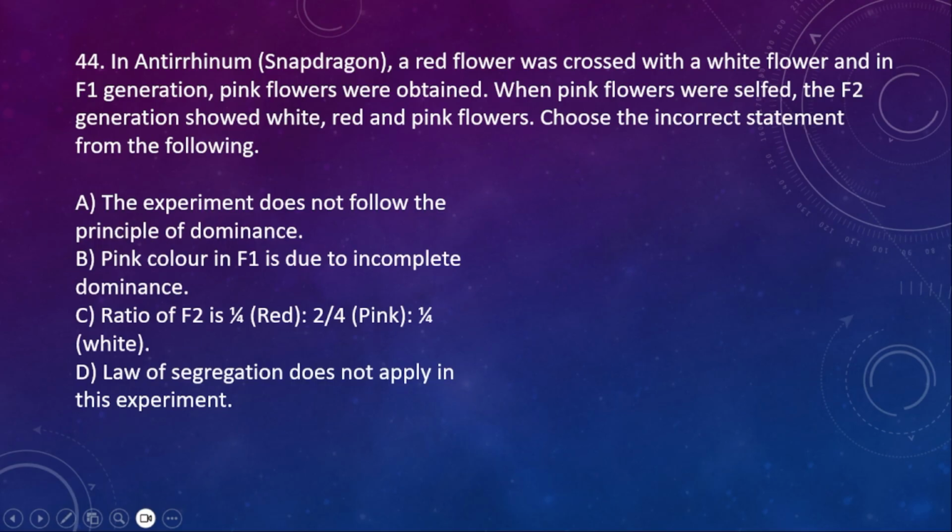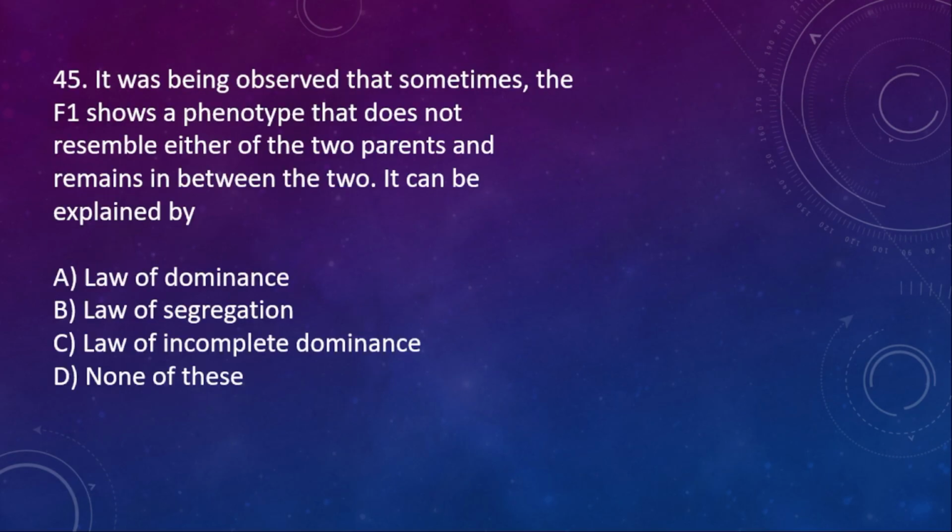That is the 1:2:1 ratio. And this one is also right, but the last one, law of segregation doesn't apply in this experiment. The law of segregation always applies, so this is the incorrect one.